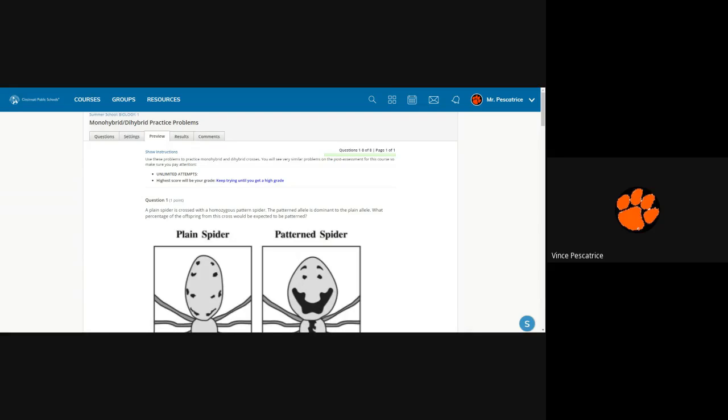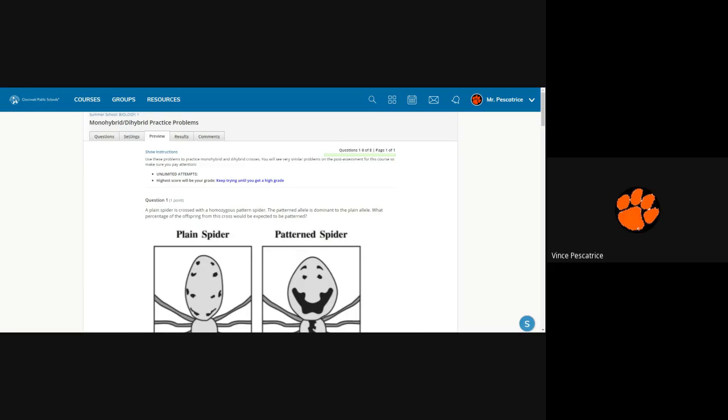We're going to have a homozygous pattern here. That should be an uppercase P, uppercase P, because homozygous means both of the alleles are the same, either capital or lowercase. The pattern spider has been determined to be dominant, so that's why I know it's two uppercase. Next, it's going to be bred with a plain allele. The only way this spider would have a plain back would be to have two lowercase p's, so two recessive genes. We're going to put that here.